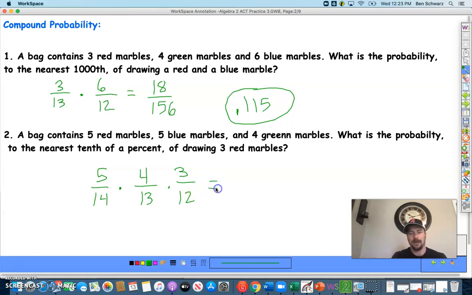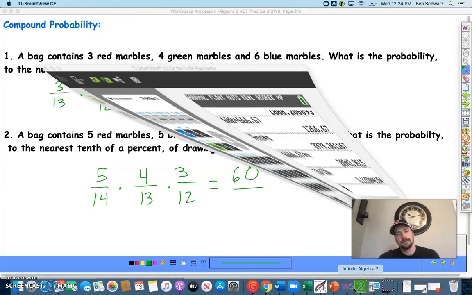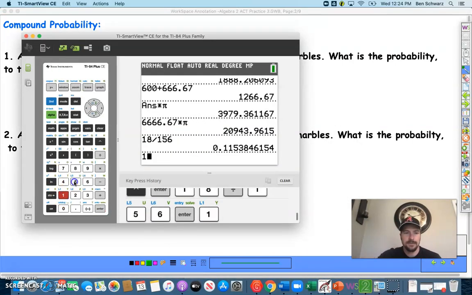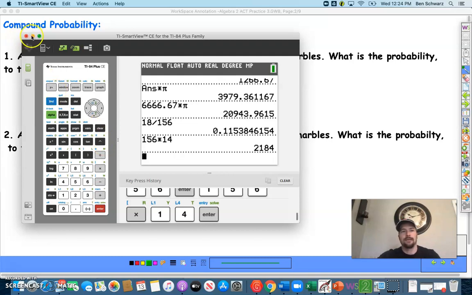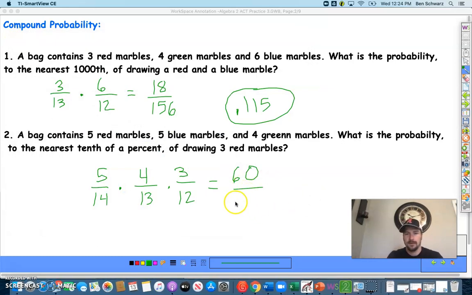So we have to multiply all these numbers together. 5 times 4 times 3 would be 60. And then over, 12 times 13 is 156, times 14. So 156 times 14 is 2184. Now to get our percent, we divide.